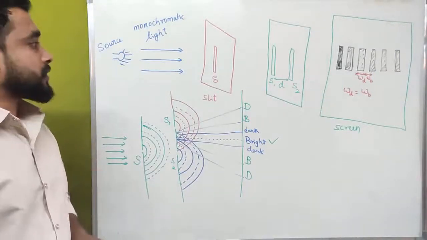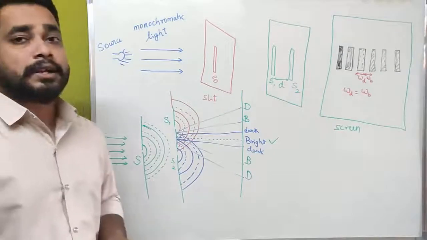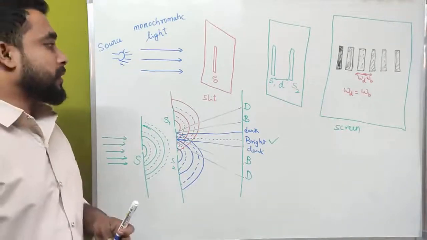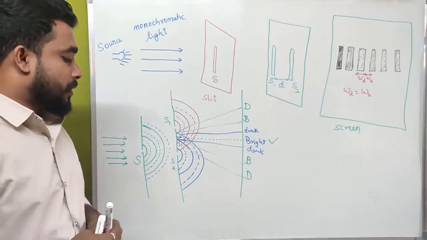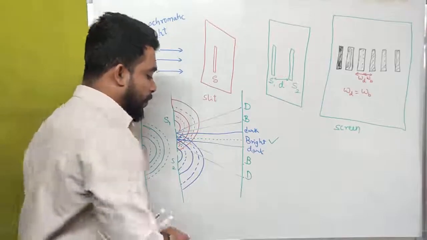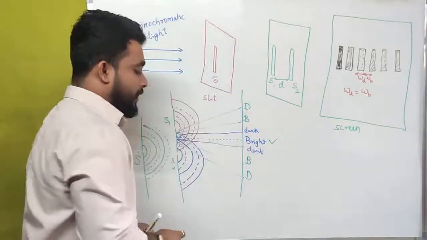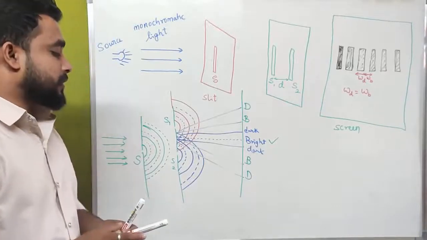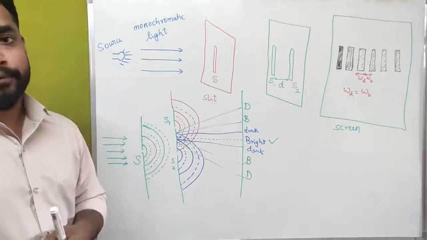What is the meaning of sustained interference? Sustained interference means permanent interference of coherent sources. We get this because the bright fringes and the dark fringes remain fixed on the screen.